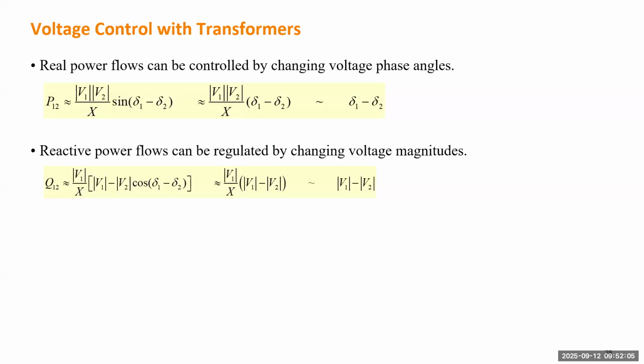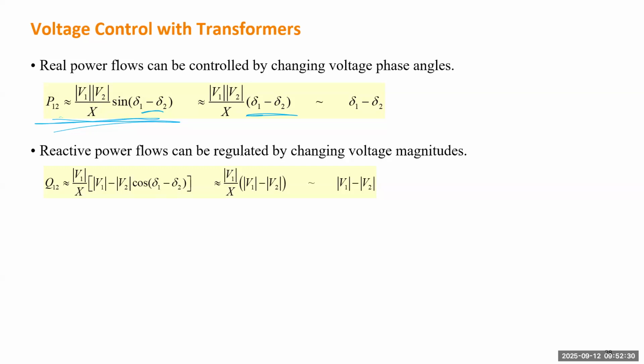All right, so I will further talk about the application of a transformer in a real power system, focusing on voltage control using transformers. We know the real power flow can be calculated based on this formula. If the angle is very small, the sine of the angle difference can be replaced by the angle difference.